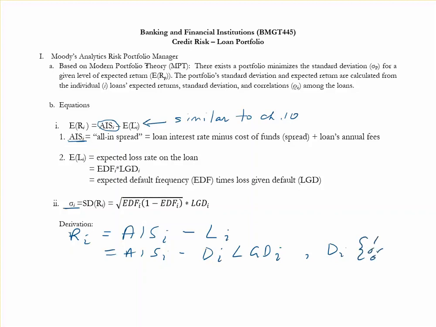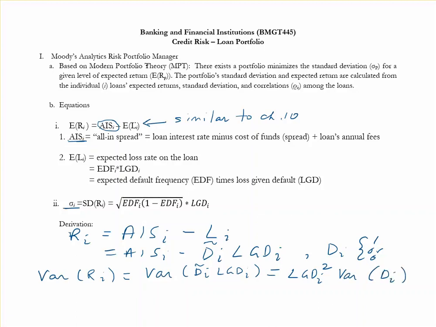Now, the only thing that's variable here is this part of that formula. So if I take the variance of this return, it's really just the variance of whether the borrower defaults times loss given default. If you remember your mathematics, with a variance, when you have a constant, you can bring it to the outside, and then you have just the variance of the default.